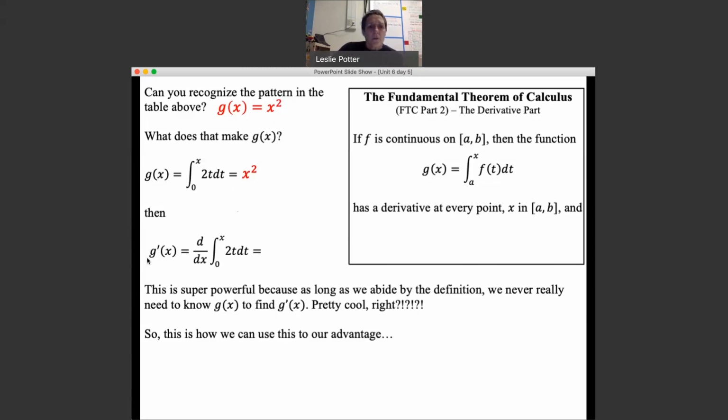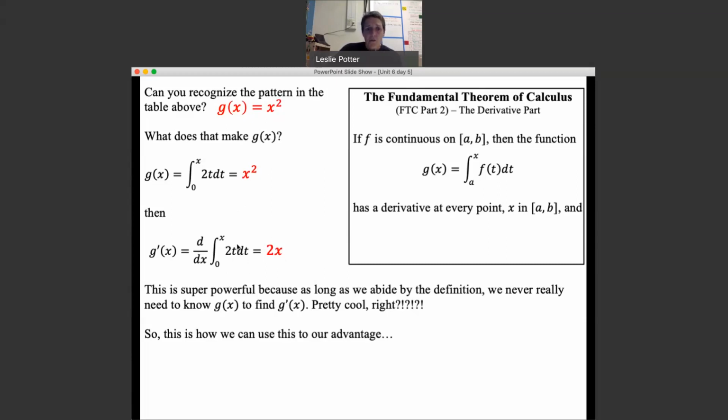Okay, so welcome back. That is what this is saying right here. They're saying, let's take the accumulation function right here and differentiate it. So take this and differentiate it, and you get 2x. This is super powerful because look at what you get here and what you started with in your accumulation function. They're basically the same thing with a variable change.